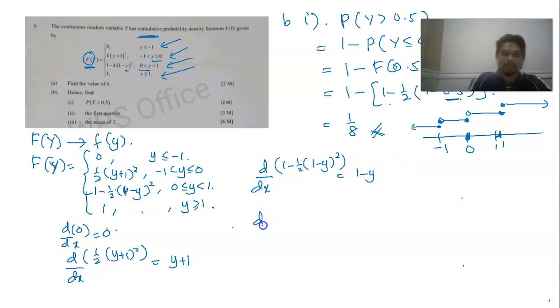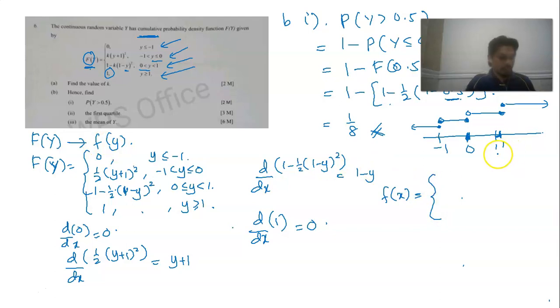Okay, and then differentiate of 1 with respect to x, it gives you 0. Okay, so then from cumulative distribution function into probability density function, then your f(x) equal to, okay, the first one is y plus 1 here.